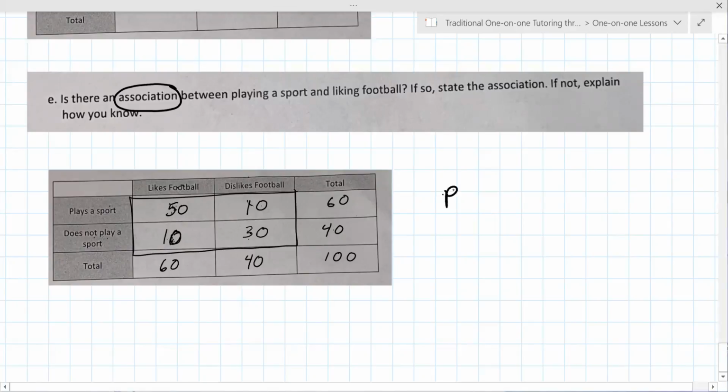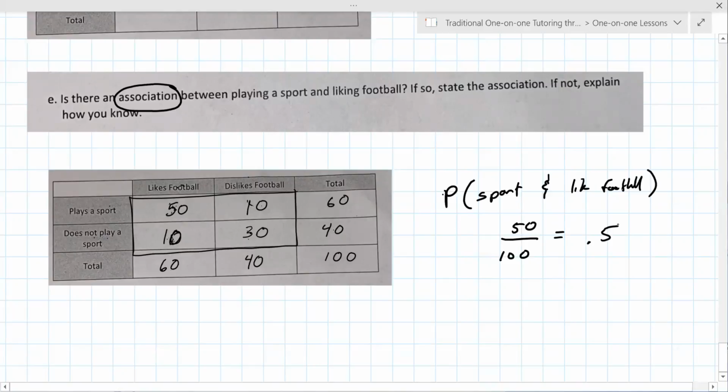They're asking for the probability. This is probably beyond what you're looking for here. The probability of playing a sport and liking football is 50 over 100, because there's 50 people that like both, which is 1/2 or 0.5.